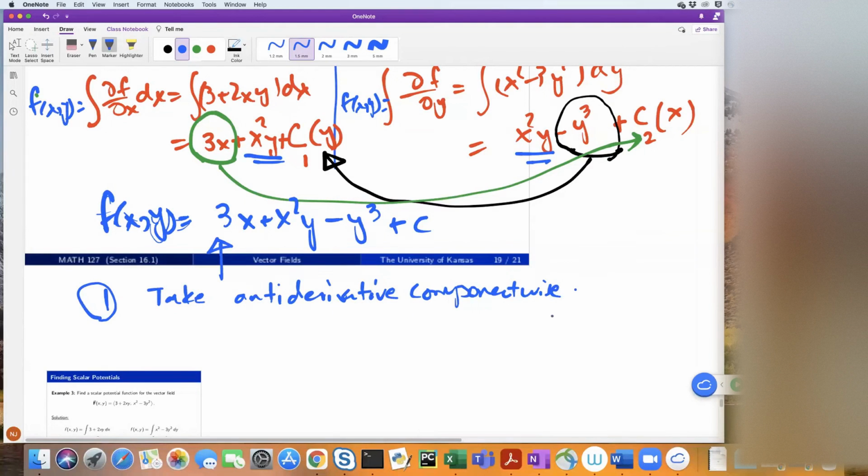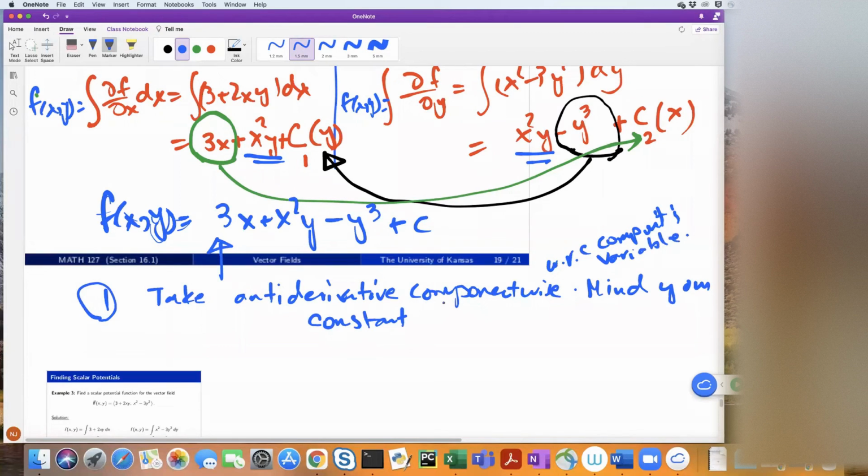So take the antiderivative component-wise, and mind your constants every time, with respect to the component's variable.